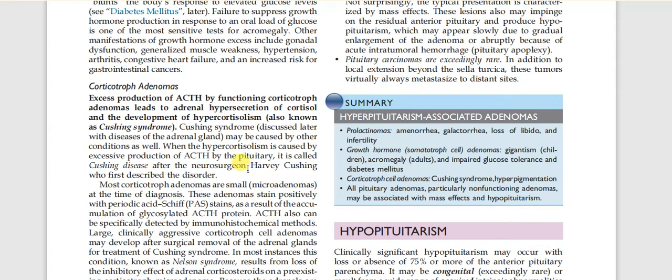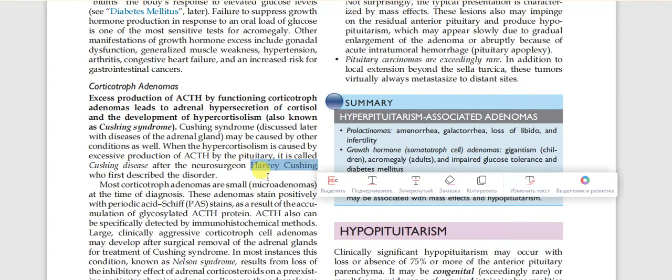In the beginning, we can say that Harvey Cushing described this disorder, and by this we can see that ACTH is overproduced. ACTH influences the cortex of the adrenal glands. The cortex of the adrenal glands produces cortisone and hydrocortisol, and these hormones start affecting all the metabolism of our body.